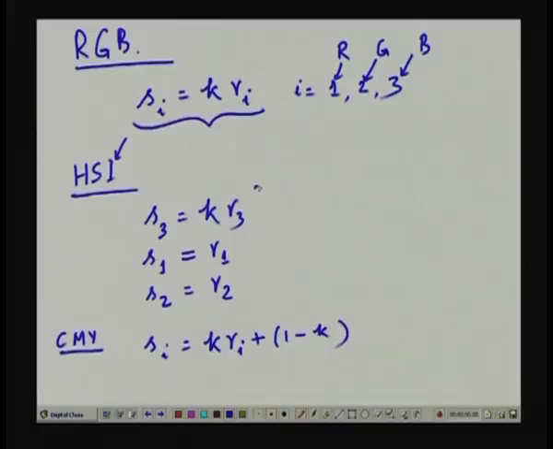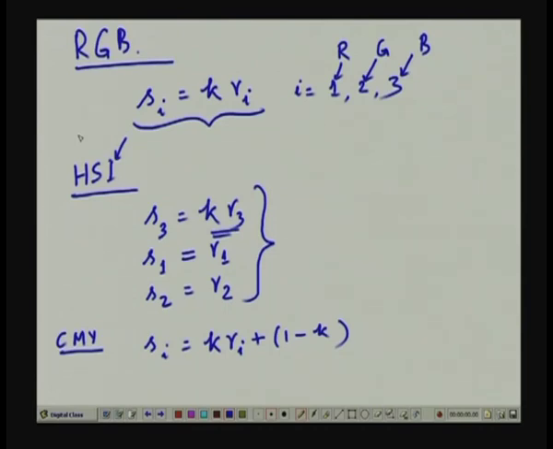So, if I compare the operations in RGB space, HSI space and CMY space, you find that the operation in HSI space is the minimum of these three different spaces, because here only the intensity value is to be scaled, hue and saturation values remain unchanged. Whereas, both in RGB and CMY space, you have to scale all the three different planes.